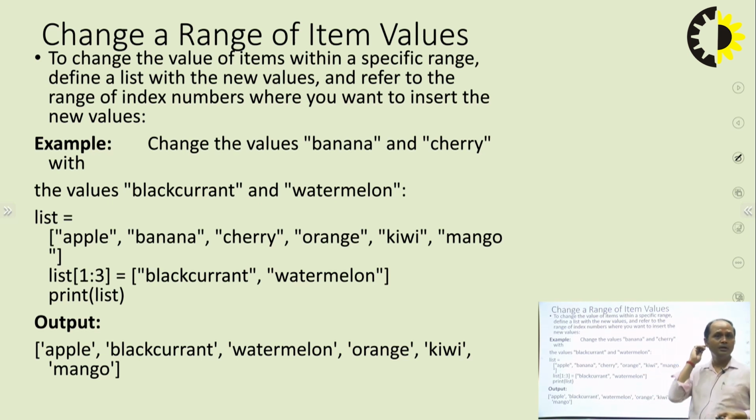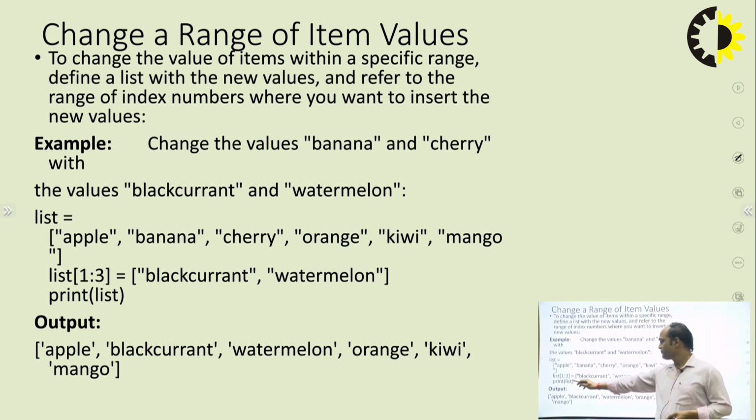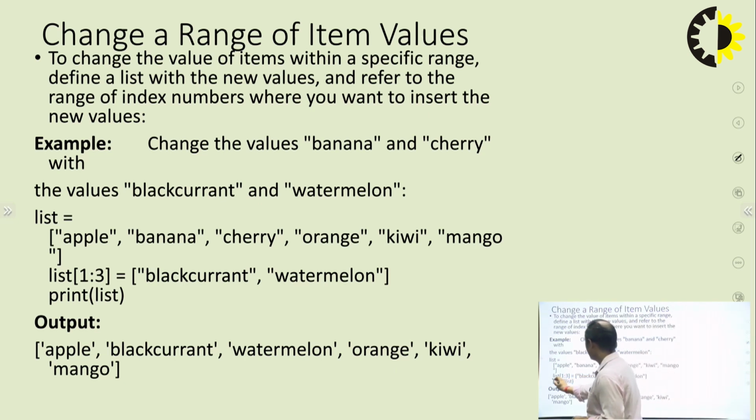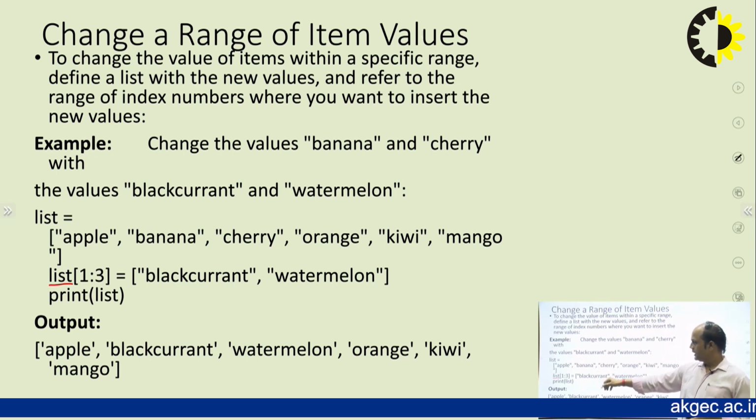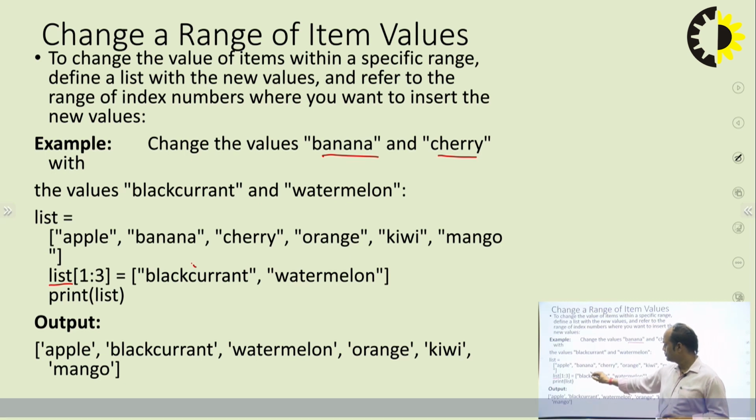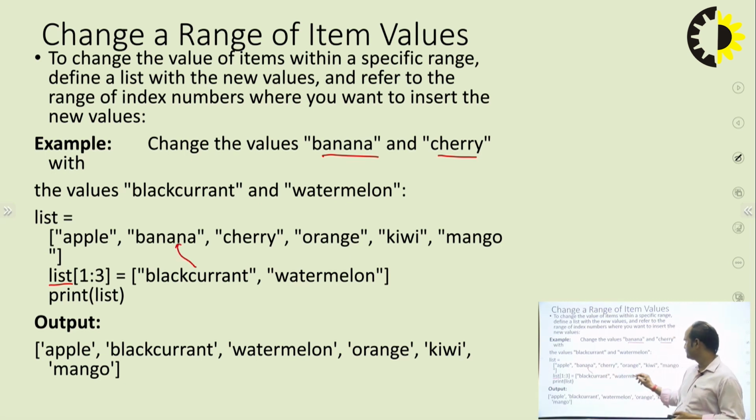So we will start the list with the range 1 to 3 and give blackcurrant, watermelon, and we will change these values at 1 and 3. Banana and cherry, we will replace banana and cherry using these values.